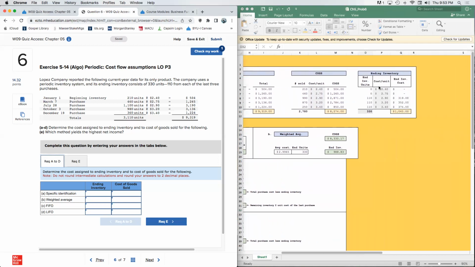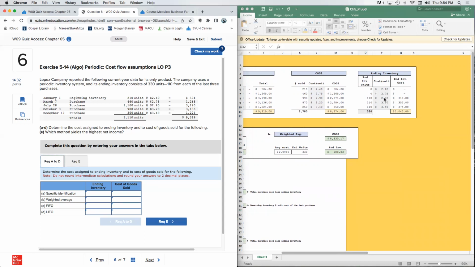So I basically created another table here, ending inventory, showing the cost for our beginning inventory, and then each of the 4 purchases throughout the year. And we know there's 110 from the last 3 purchases that we have left over. That totals 330.